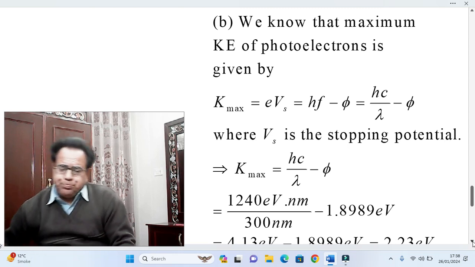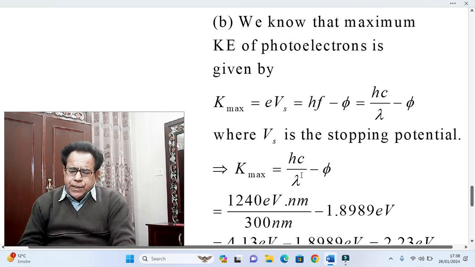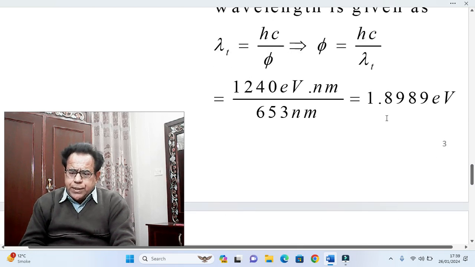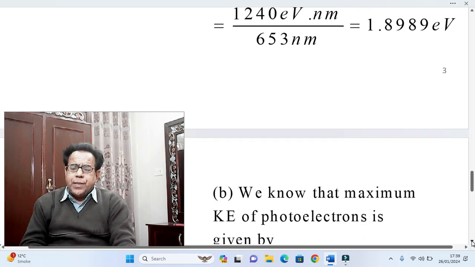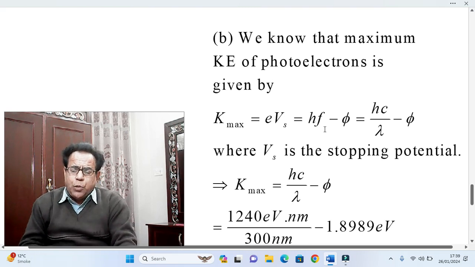The value of hc is given in the table, which we have included as snapshot number 1 in this video. Moreover, the value of wavelength lambda is provided in the statement, which is 300 nanometer, and the value of work function, which we calculated in the previous step, is 1.8989, while in the table shown as a snapshot, the work function is given as 1.95.